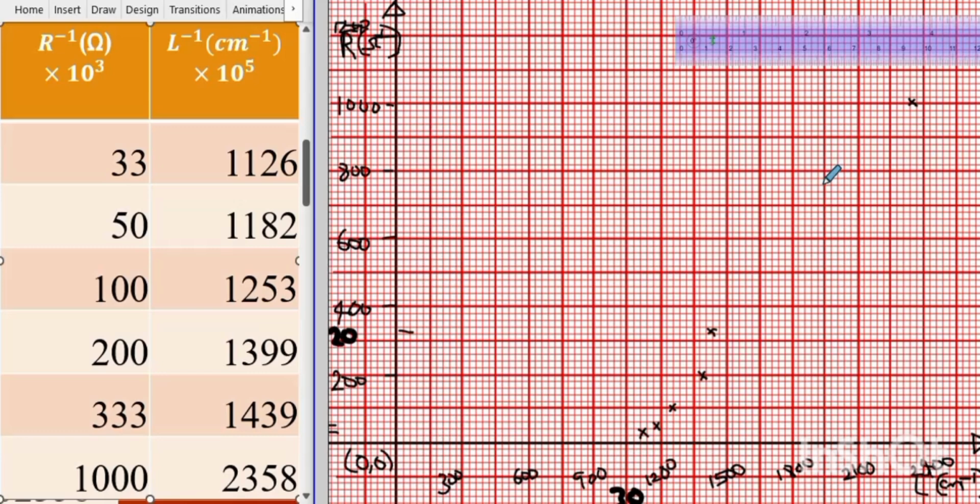So this is the establishment of your points in your graph. After you might have done this, then you are going to draw your straight line that cuts across as many points as you can pick.